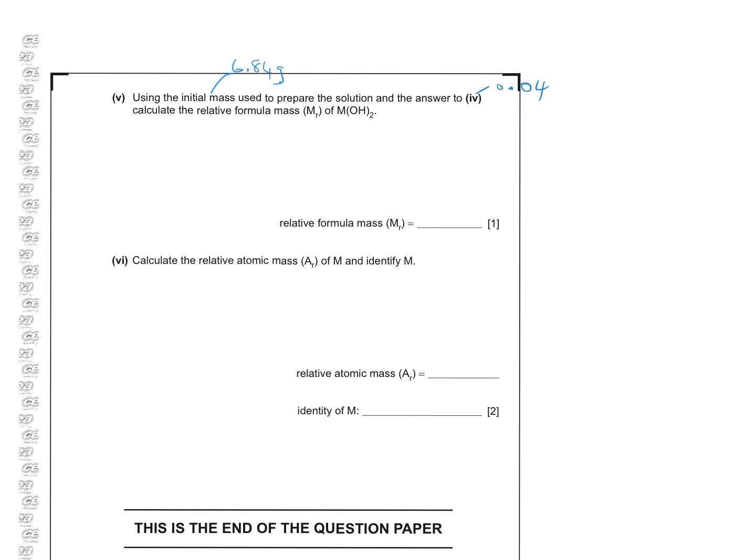We've got a mass, we've got moles per decimetre cubed, so mass over the RFM or the Mr. We're after the Mr. Rearrange this equation. So the Mr is going to be the mass, which is 6.84, divided by the moles, 0.04.